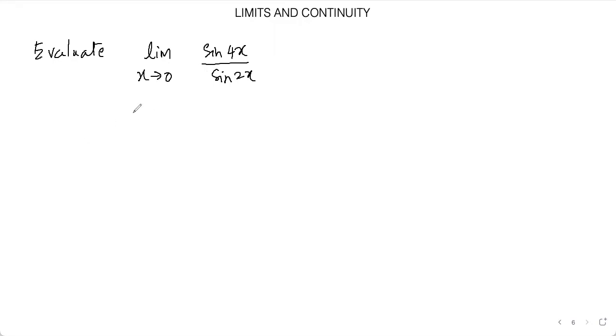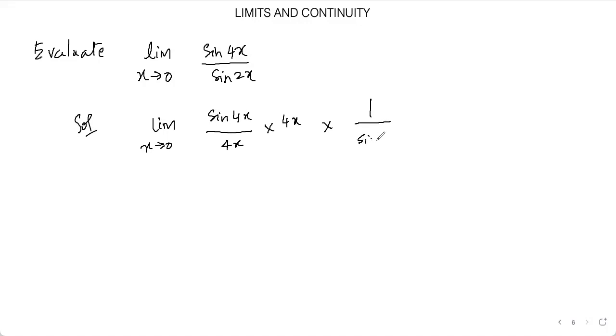What I'll do is multiply and divide by 4x, so sine 4x by 4x. I've done this. And 4x multiplied and divided, and I have this also, sine 2x, I've done this.